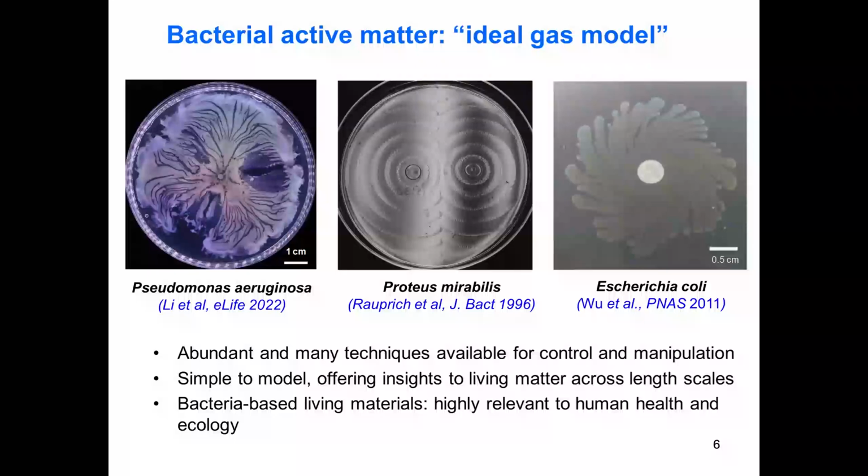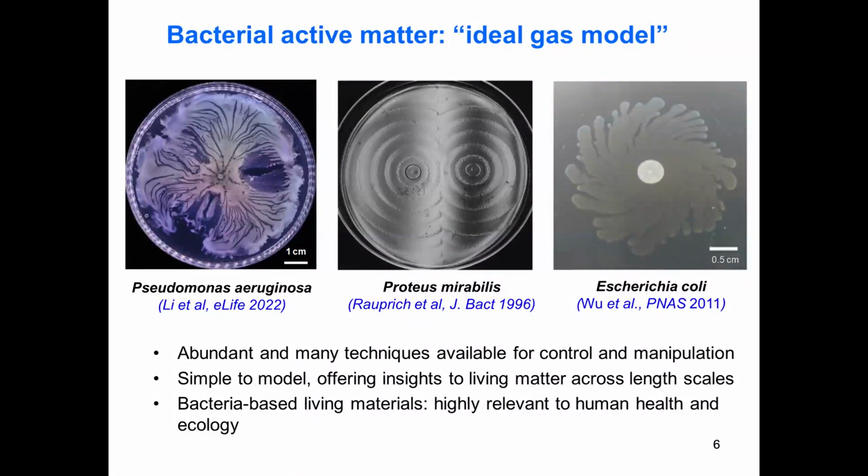Compared to animal cells, eukaryotic cells, bacteria are very abundant. They are easy to manipulate. There are many different techniques from physics, chemistry, and biology to manipulate them. And more importantly, they are relatively simple. They are easy to model, both in physics and mathematics.